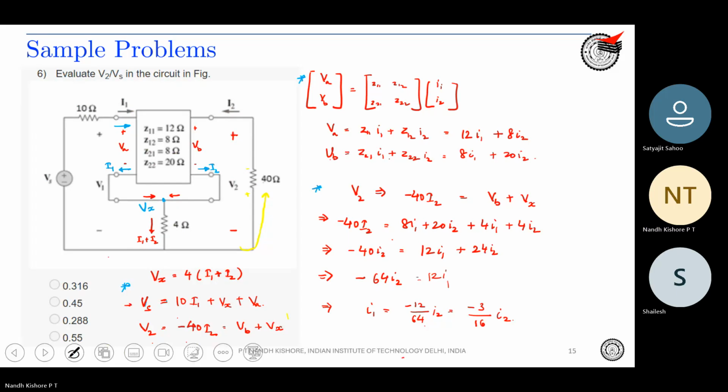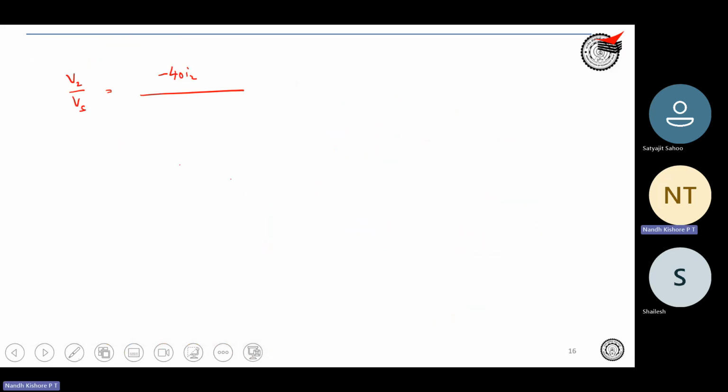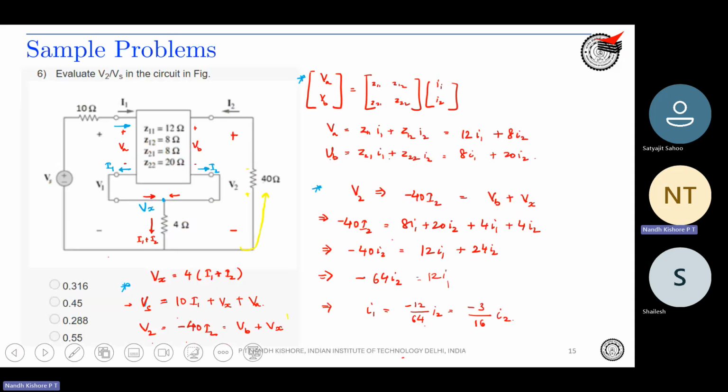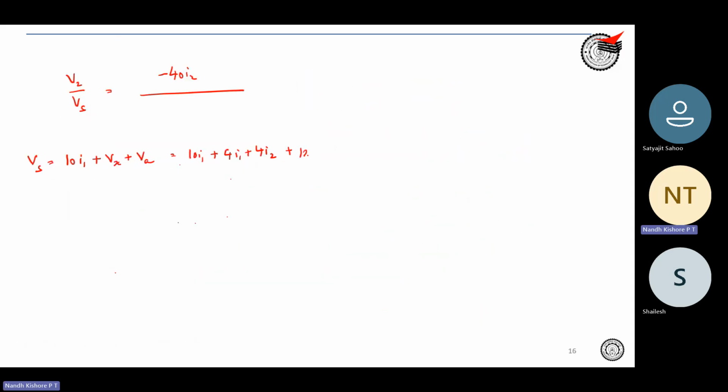So let's simplify Vs first. Vs is equal to 10 I1 plus Vx plus Va, correct? That is 10 I1 plus Vx, which is 4 I1 plus 4 I2, plus Va, which is 12 I1 plus 8 I2.